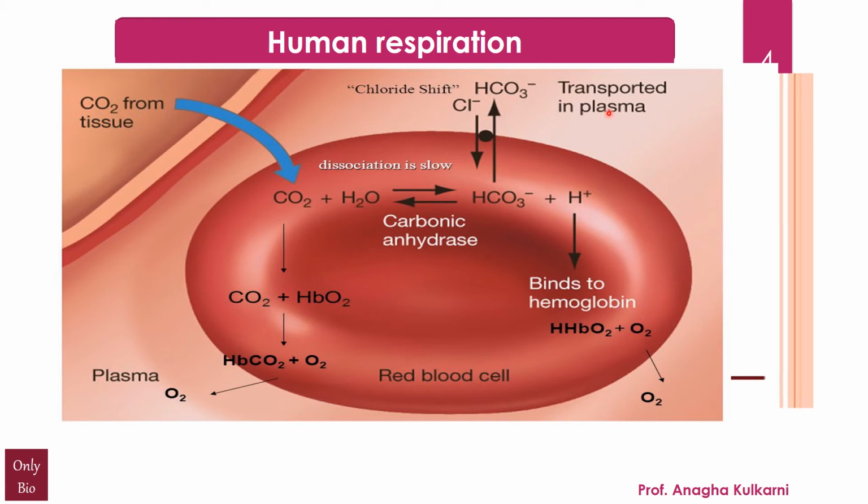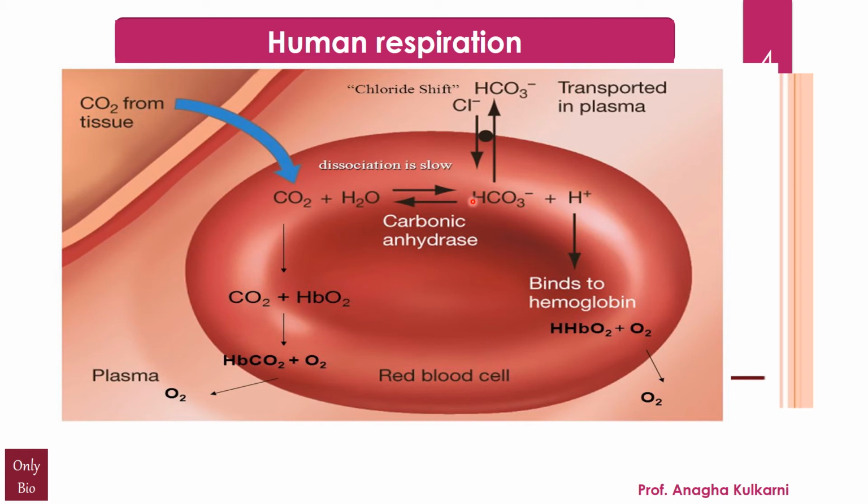Now here you have to remember that plasma has a good concentration of NaCl, which can undergo dissociation to form Na plus and Cl minus. So when bicarbonate ions move out, as you can see here, the chloride ion moves in. That means there is a mutual exchange, a shift, and this is the reason why it is called the chloride shift mechanism.